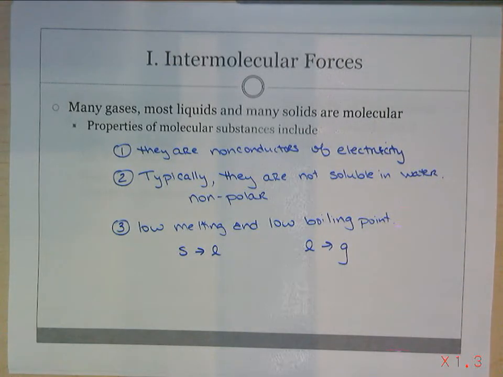If you have a low melting and low boiling point, are those bonds between molecules weak or strong? Right, they should be weak, because it's not taking very much energy to force them into the next state of matter.